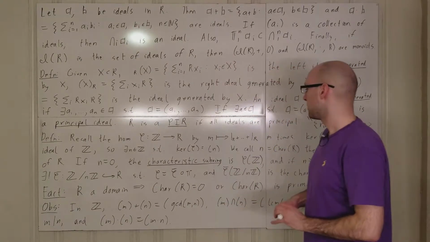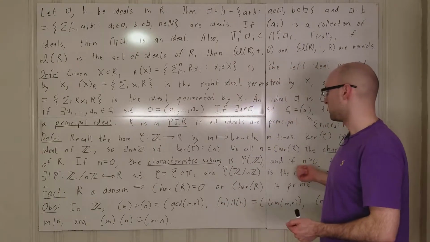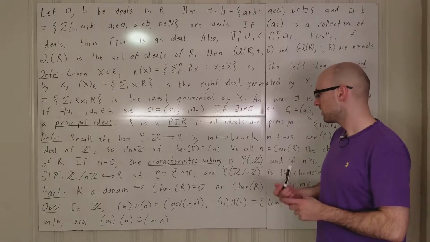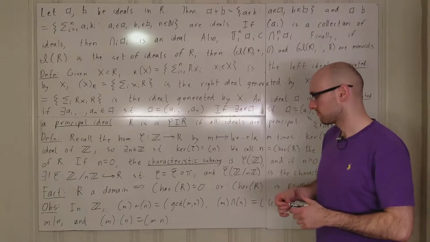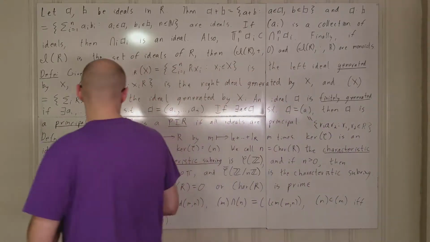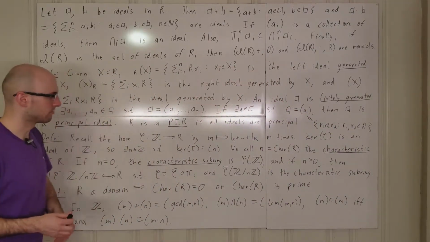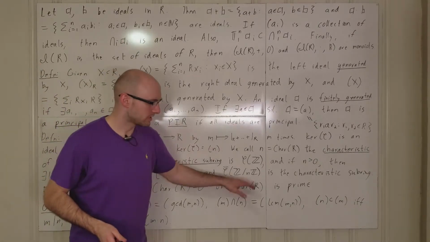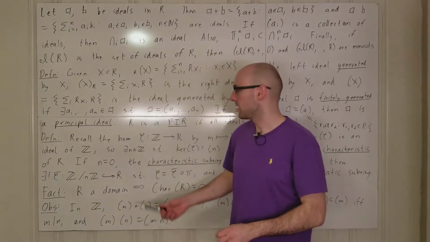And if the characteristic is greater than 0, then the characteristic subring will be finite, right? Because it will be the image of a finite set under an injective map.